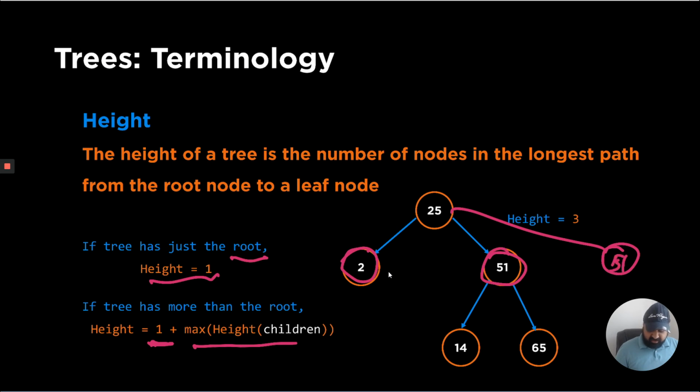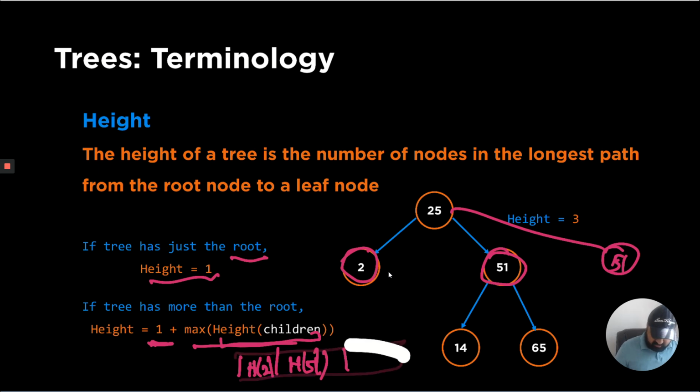So the height is 1 plus the maximum of the height of each of the subtrees. This height of children will basically give you an array, one for each subtree. So in this case, let's talk about this 25. It has two different subtrees, which are height of 2 and height of 51.